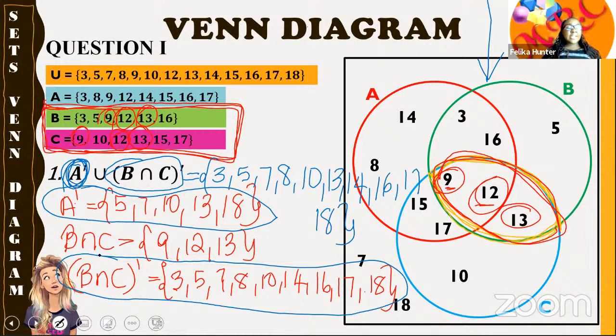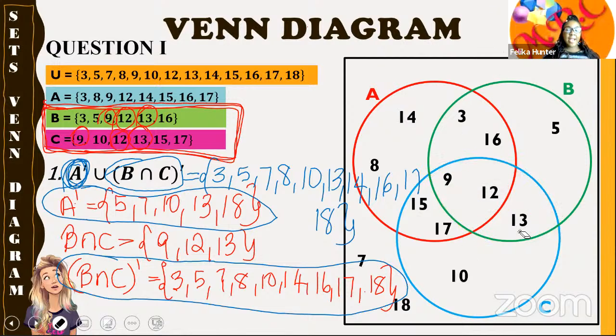So they're asking you to combine these two groups. You already used the information in the Venn diagram to get A complement and B intersect C complement. Now it's for you to pull that together, so you don't need to come back to the Venn diagram.